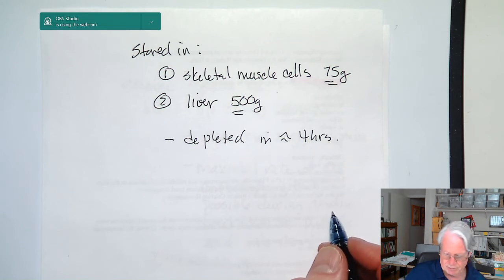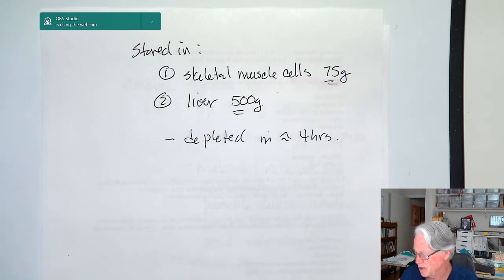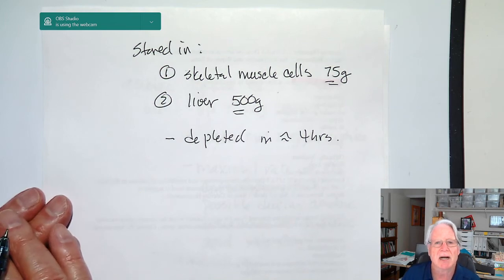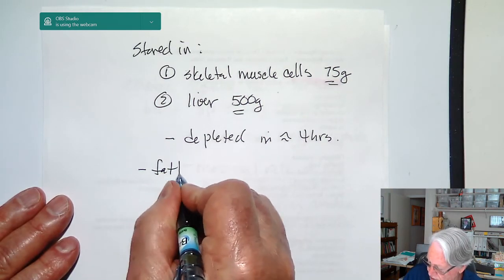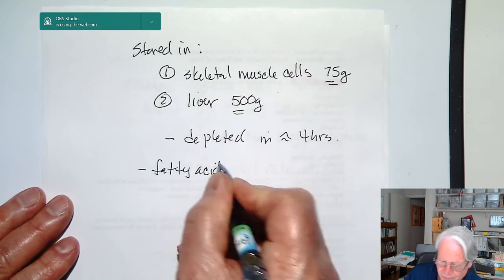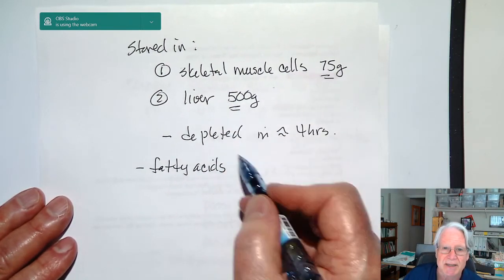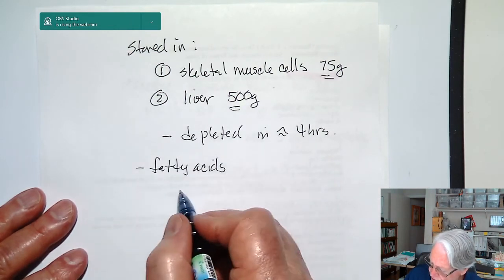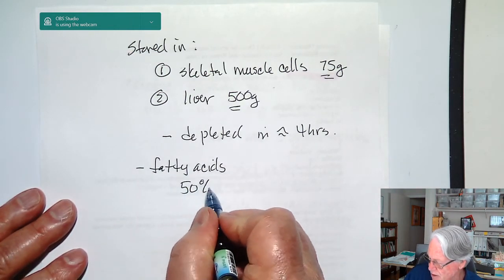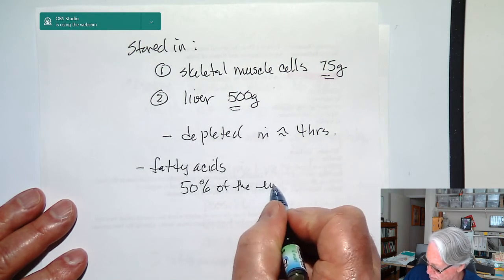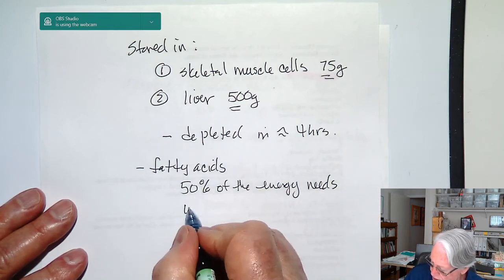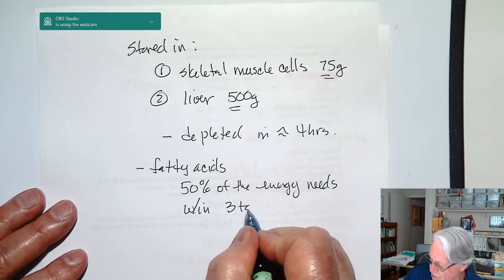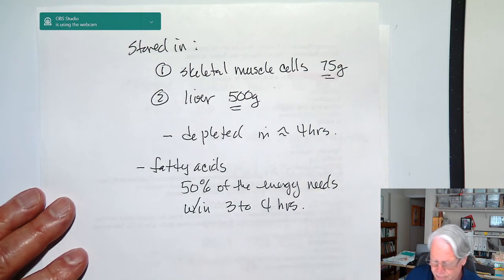So it's not the ultimate source. It's limited by how much is actually stored in the body. As I said, you can also turn to fatty acids. That would be after you've depleted this source, and this can become 50% of the energy needs within around 3 to 4 hours.